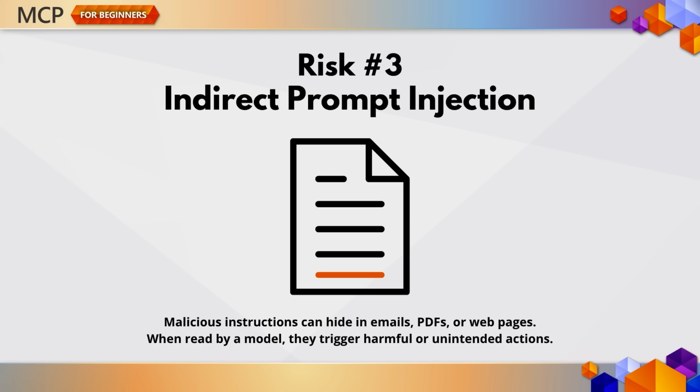Now for one of the more AI-specific threats, indirect prompt injection. This happens when malicious instructions are hidden in external contexts, like an email, a web page, or a PDF. When the AI reads that content, it interprets the hidden instructions, and boom: unintended actions, leaked data, and potentially harmful content.